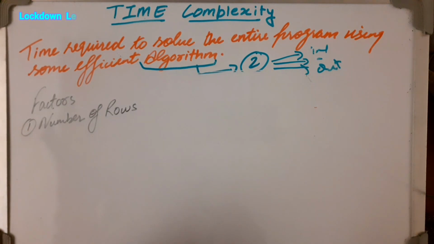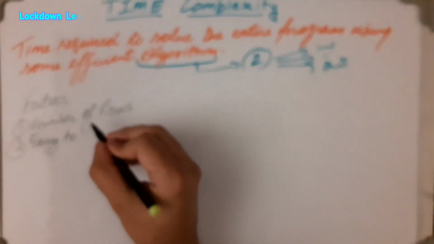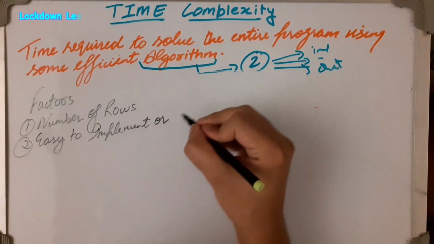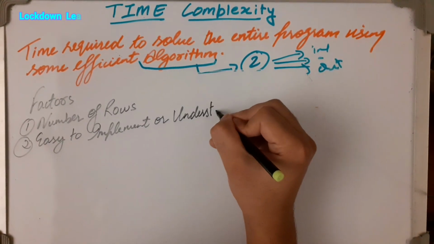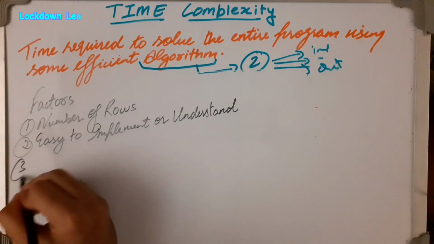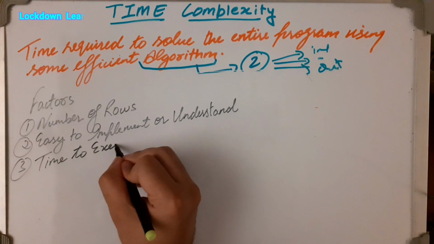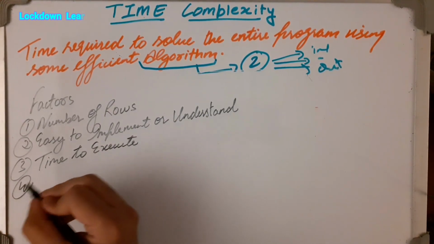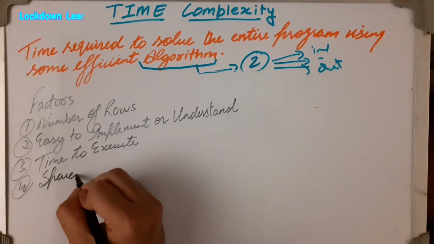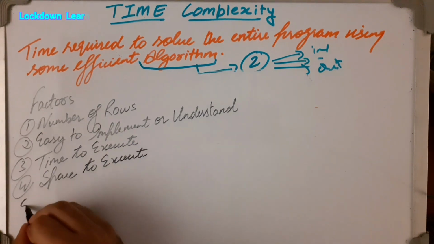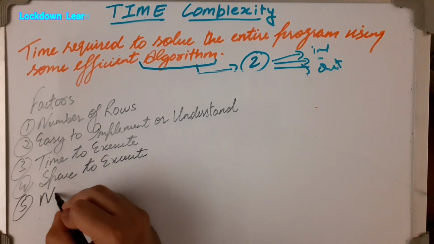The second factor is easy to implement, or you can say easy to understand. Third is time to execute. Fourth is space to execute. And fifth is number of statements.